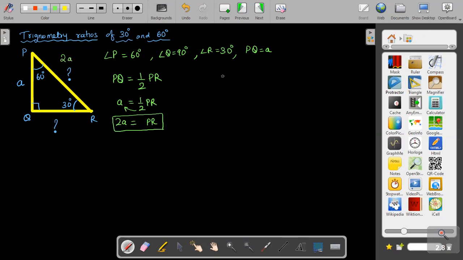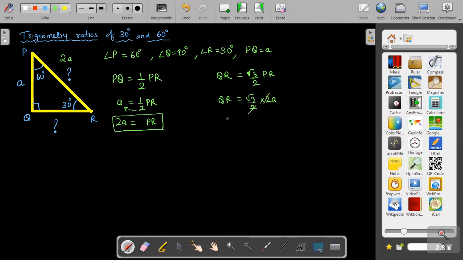Let us again do this same thing for the QR. Adjacent side हमें पता है, that is √3/2 times of PR. So we are going to write that rule here, √3/2 times of PR. Here QR as it is √3/2. PR की वैल्यू हमें ऑलरेडी यहाँ पे मिल चुकी है, that is multiply by 2A.